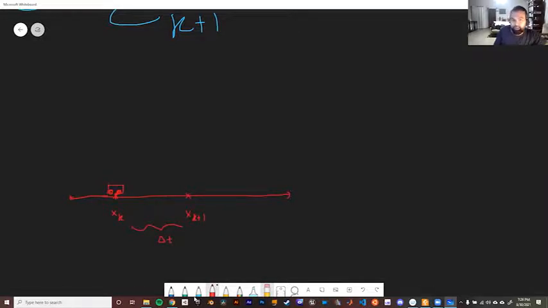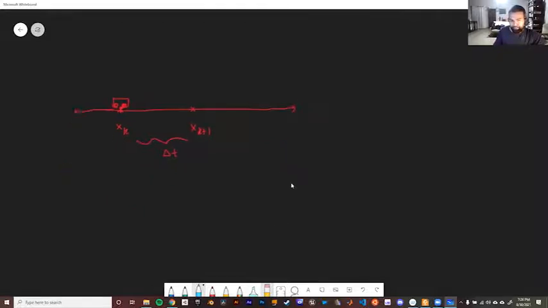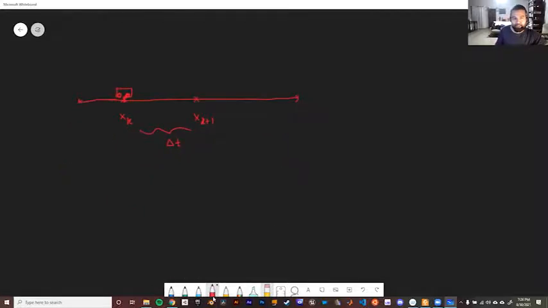And then at this location, it has some sort of observation, right? So let's say this robot has a sensor that can detect trees. Okay, so imagine this robot is here, right? It's at xk plus 1, right?